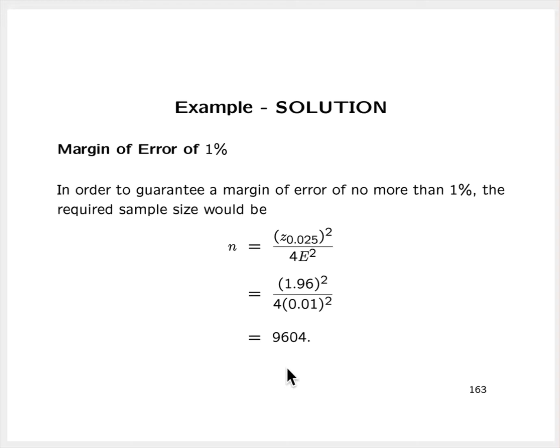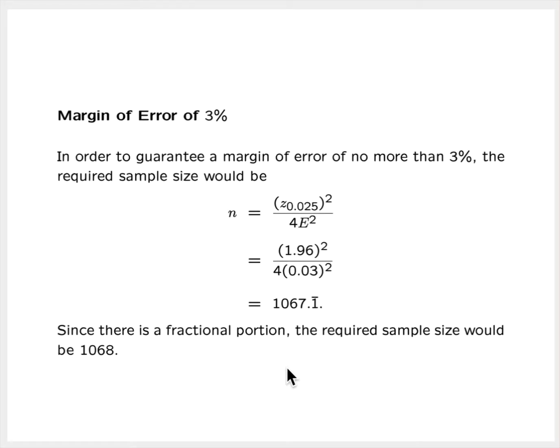So this is a fairly small sample size when you think about the size of the entire population. However, from the standpoint of actually conducting a poll and getting this many respondents, especially in a short amount of time, that is a large sample. So perhaps a 3% margin of error would suffice. And so if that's the case, then what is the smallest sample size that would guarantee a margin of error of no more than 3% while still maintaining that 95% confidence level?